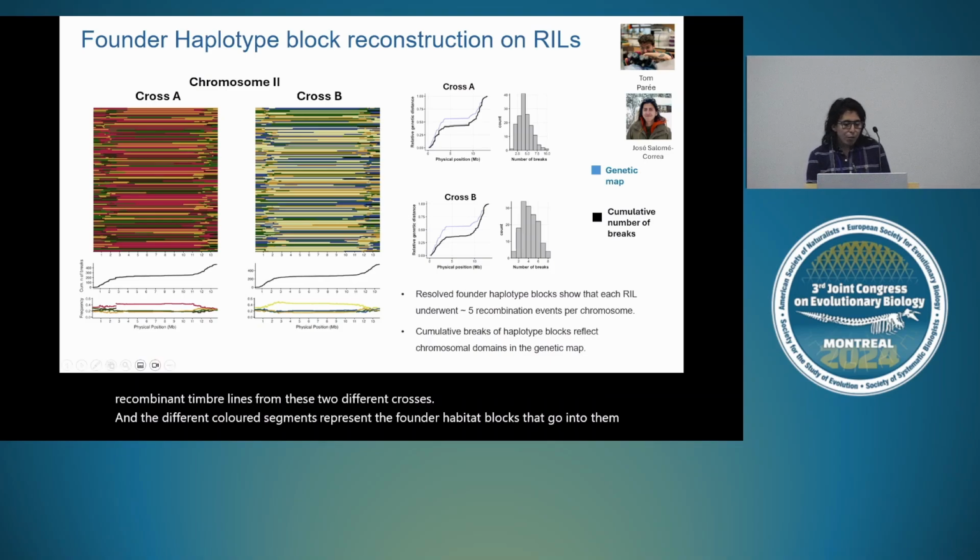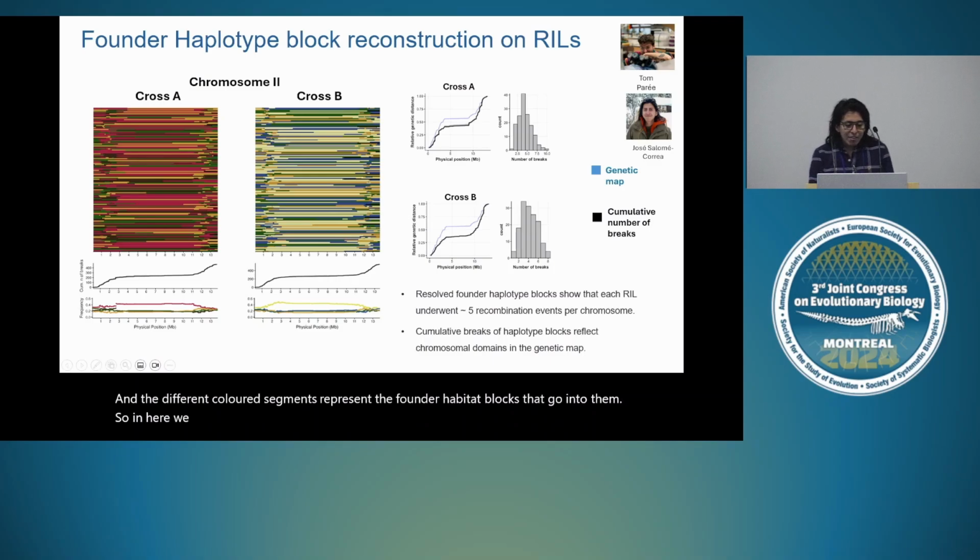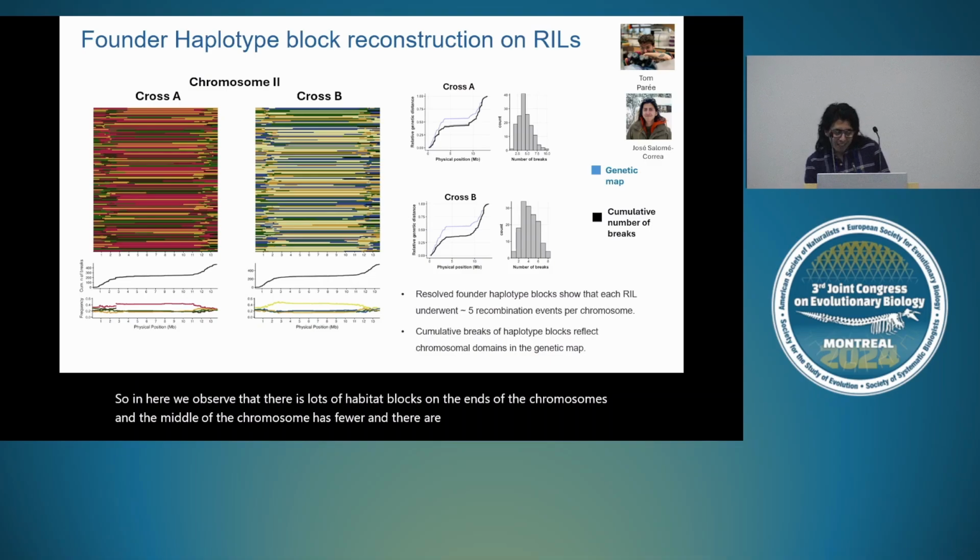Here we observe that there are lots of haplotype blocks on the ends of the chromosomes, and the middle of the chromosome has fewer. And there are around 5 recombination events on our chromosomes for the creation of recombinant inbred lines.